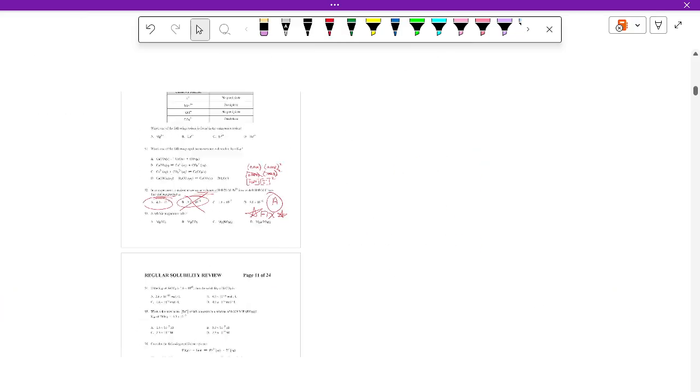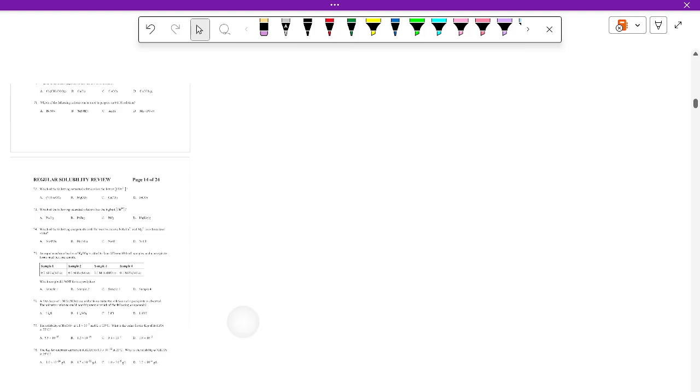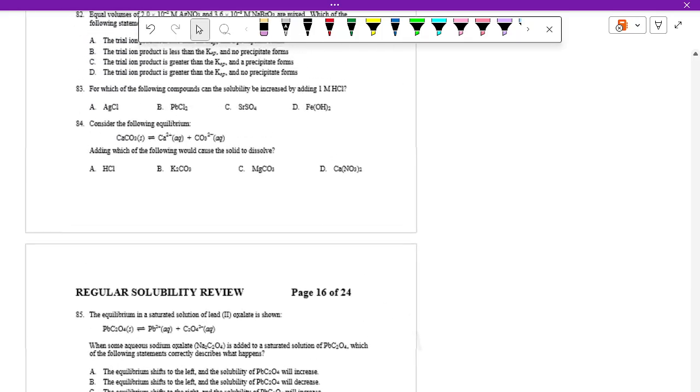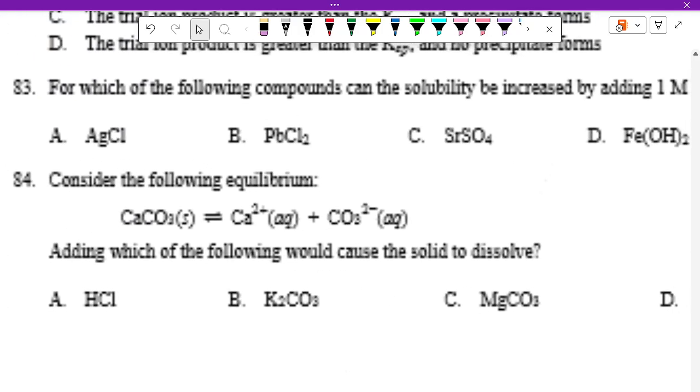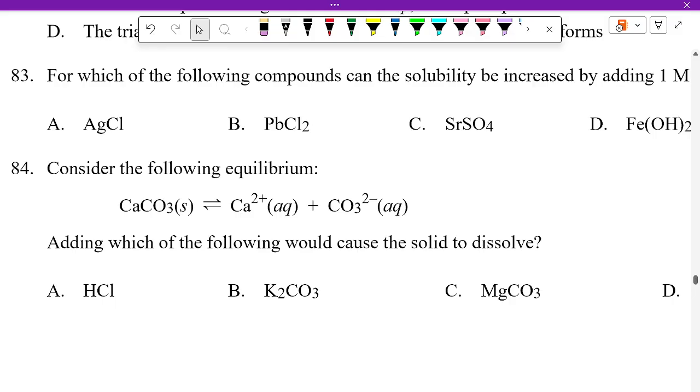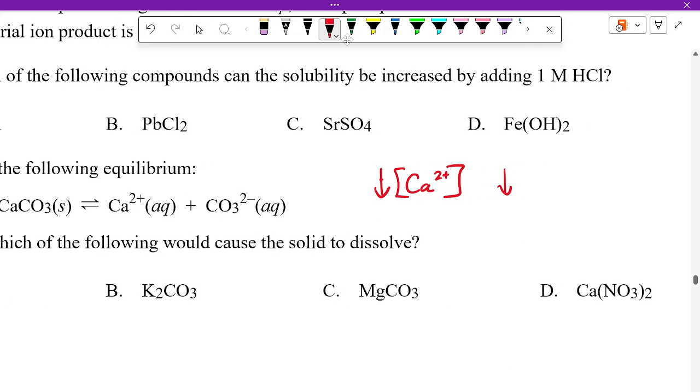84. Consider the following, which would cause the solid to dissolve. So again, we need to have something that will decrease the concentration of calcium or decrease the concentration of carbonate, right?